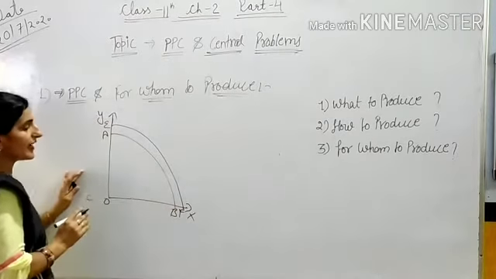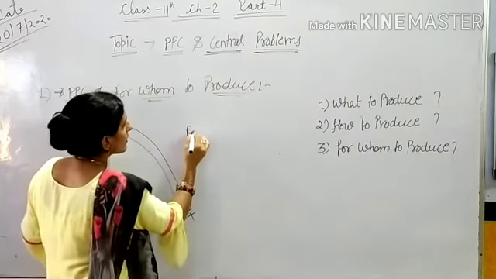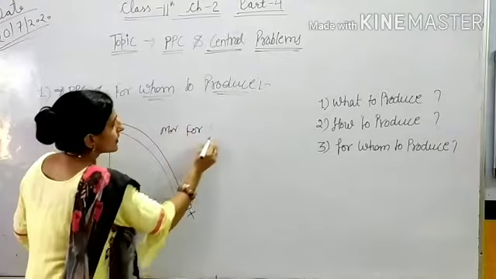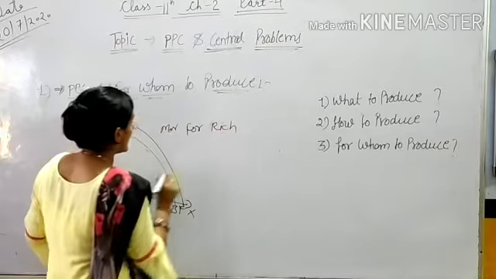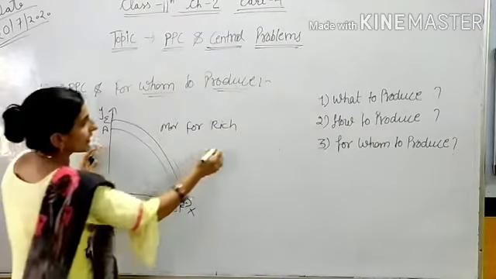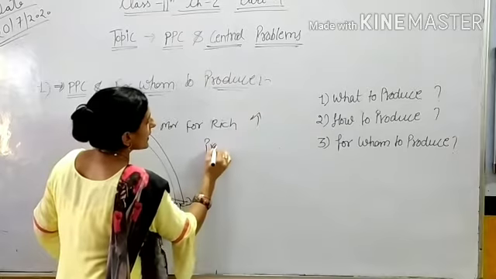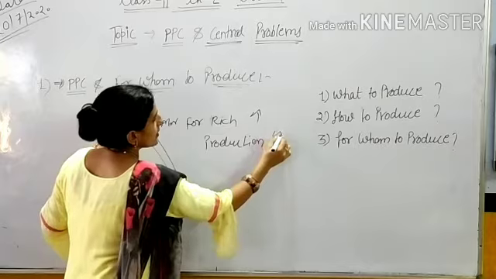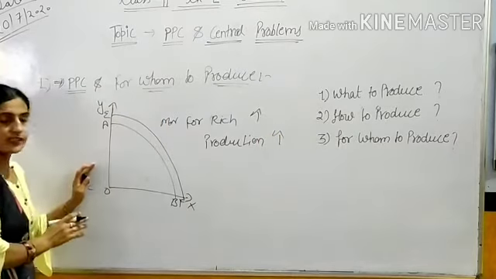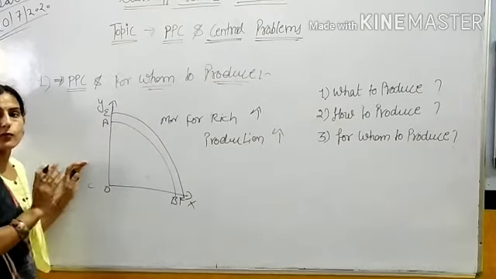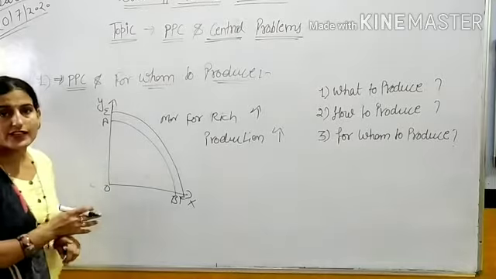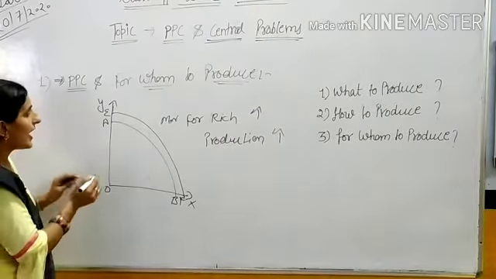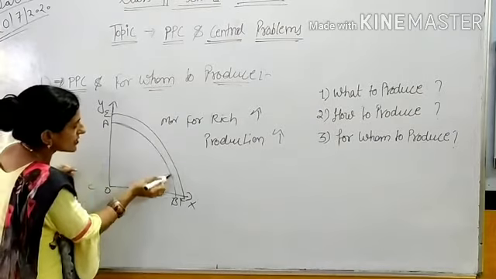If a country produces more for the rich section, then the production of goods will increase. And if a country is producing for the poor section, then there is less investment, less capital formation and less production.